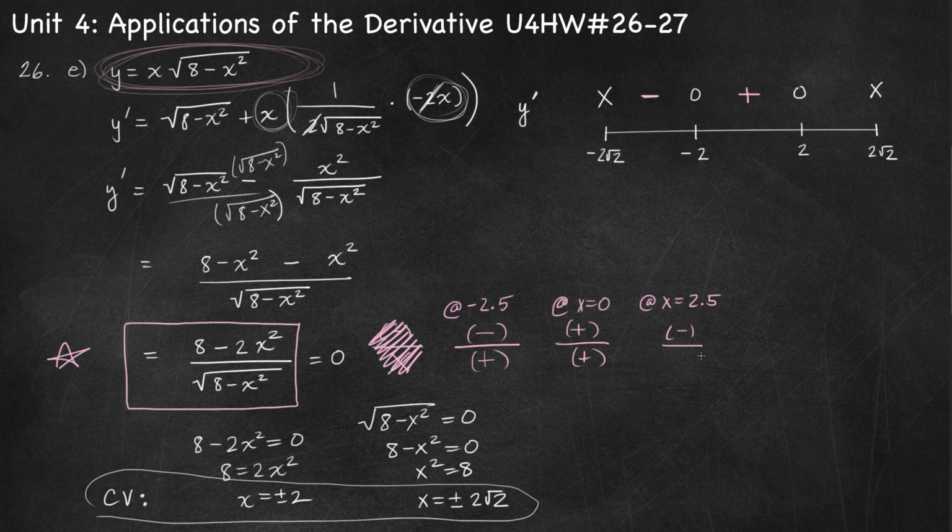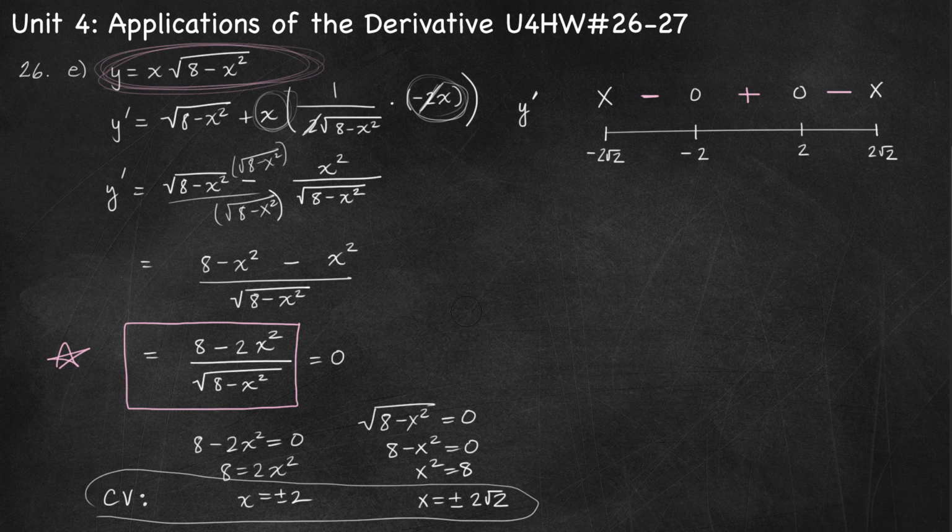Over square root of 8 minus 2.5 squared, that is positive. So negative divided by a positive is negative. And let's make some room over here. So I used my test points to determine where my derivative was negative, where it was positive.